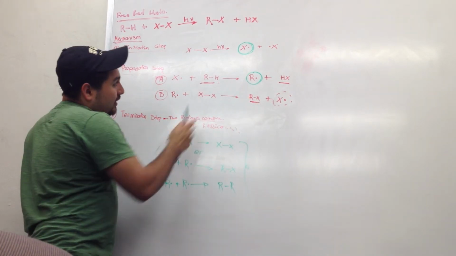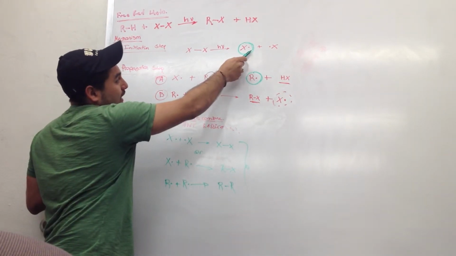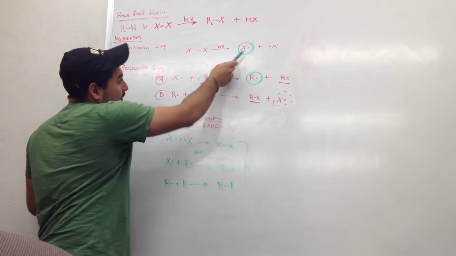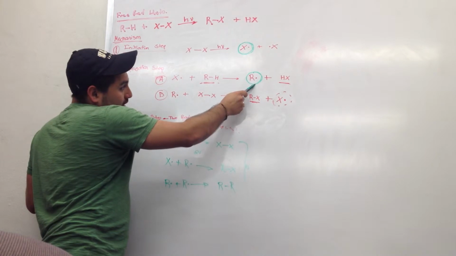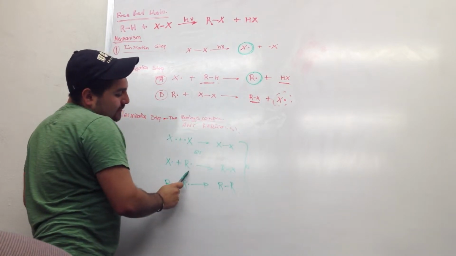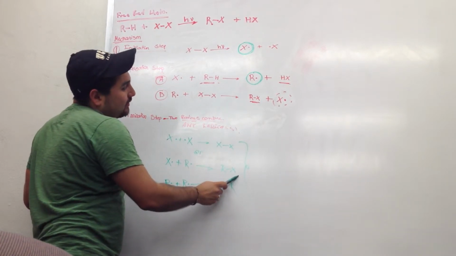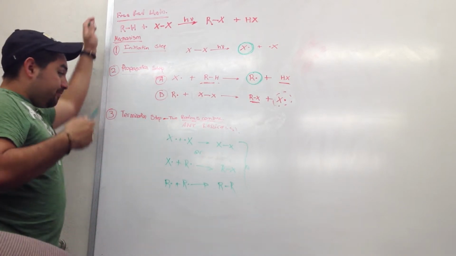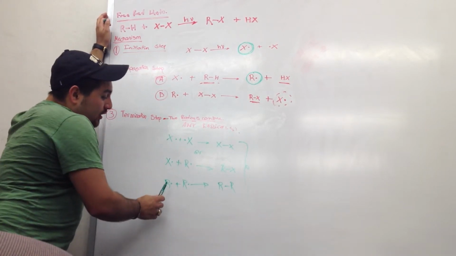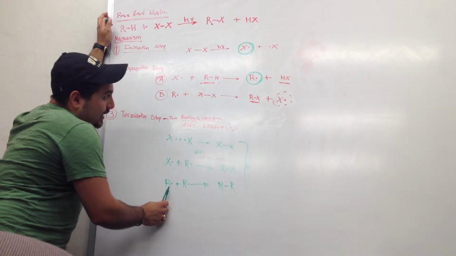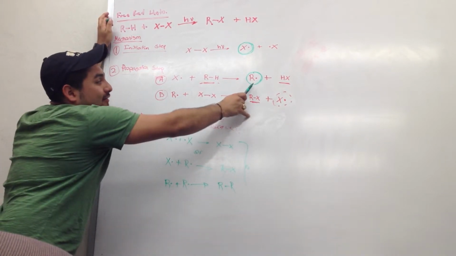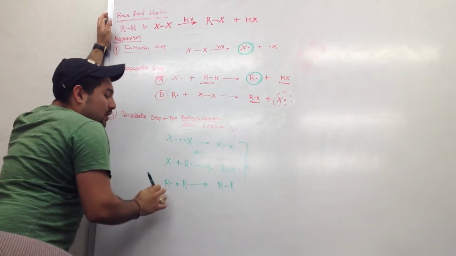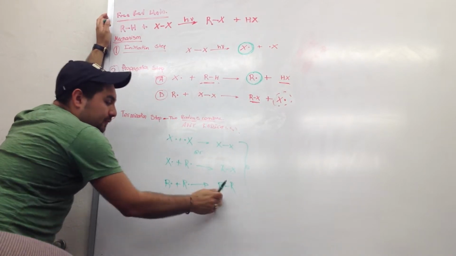I have it right here: my halogen radical bonding to an alkyl radical, forming an alkyl halide. Or the other possibility is my alkyl radicals bonding together to form another alkane.